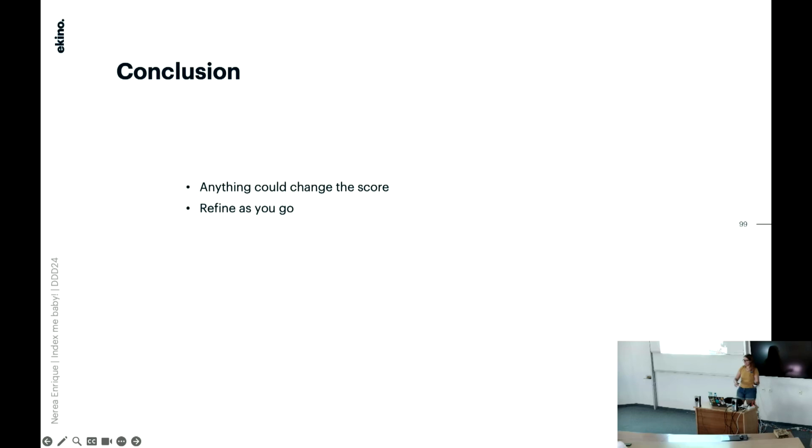So in the end, there are a lot of things that can change the way a score is computed, because there are a lot of notions that are going to impact this score. You can't play with everything, but you have the possibility to change some things. And as developers, as engineers, we can make it work quite easily.